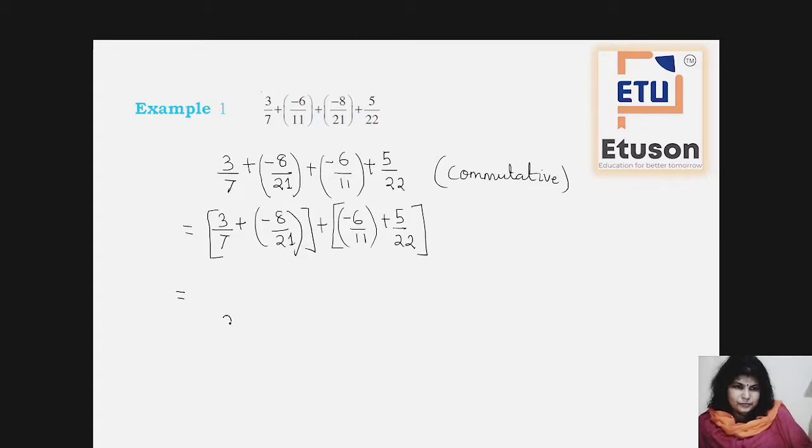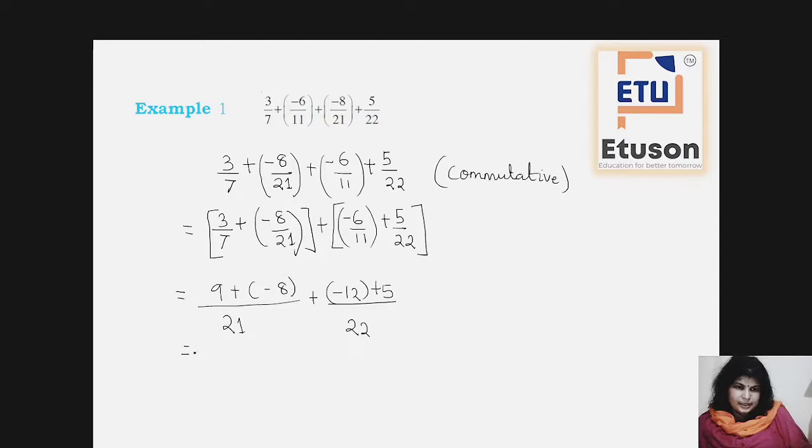So now this becomes your denominator. So this becomes 9 plus minus 8, and here your denominator becomes 22, because 11 into 2 is 22. So minus 6 into 2, that is minus 12, plus your 5, correct?